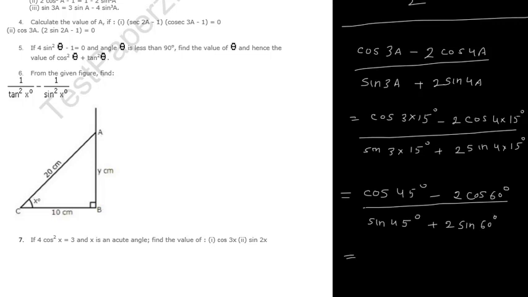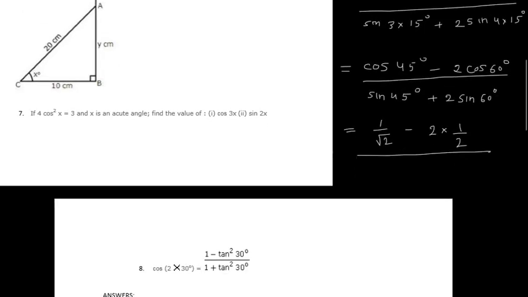Now the value of cos 45 is 1 upon root 2, minus 2 into the value of cos 60. So cos 60 is 1 by 2, whole divided by sin 45, which is again 1 upon root 2, plus 2 into sin 60, which is root 3 upon 2.